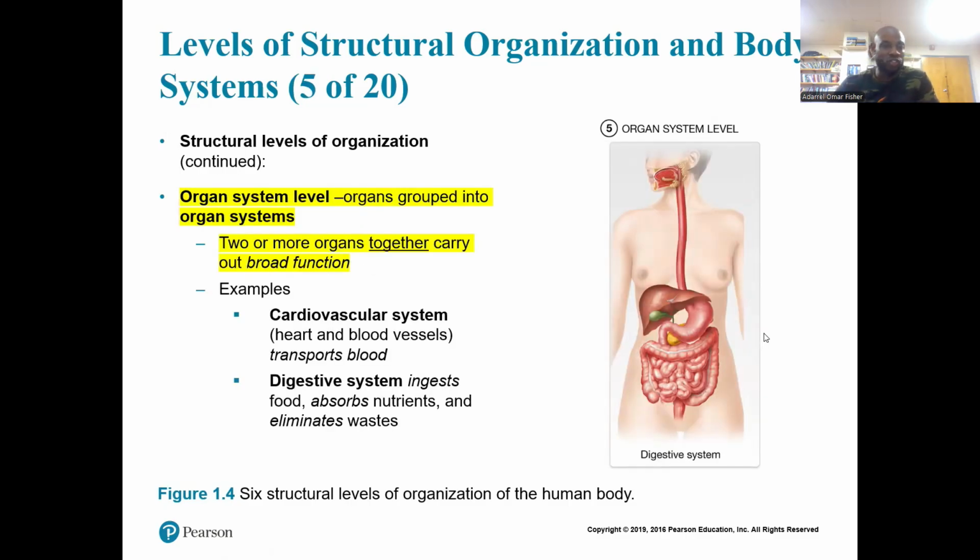After that, we get to the level of organization known as the organ system. Here we have multiple organs working together to carry out specific functions. Your ability to breathe requires your mouth or your nose, both of them can be used. Nose is an organ, mouth is an organ.